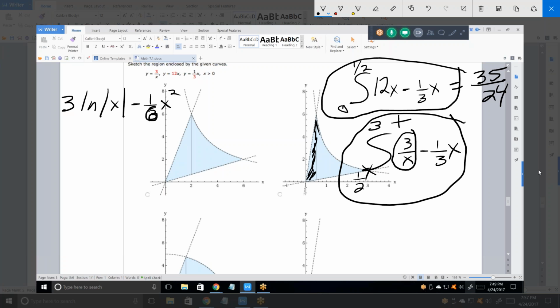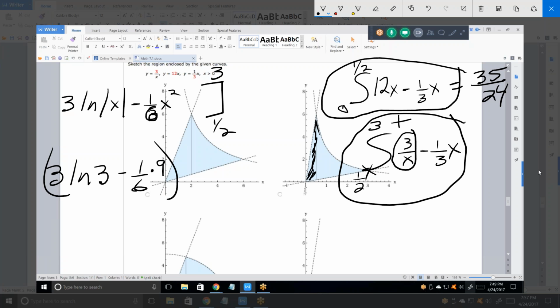So I'm going to evaluate from 1/2 to 3. So what is that? That is 3 natural log of 3 minus 1/6 times 3 squared, which is 9. So it's that quantity minus 3 natural log of 1/2.